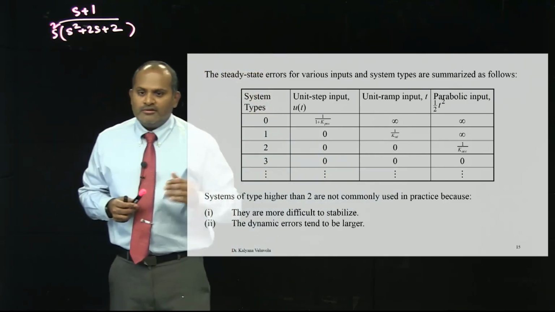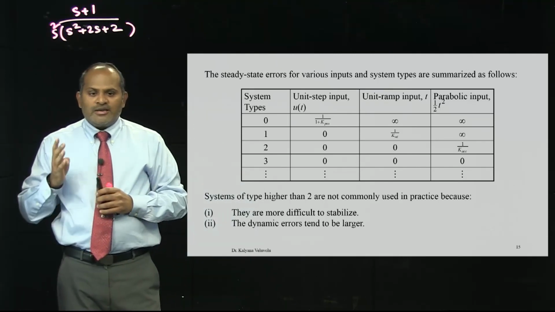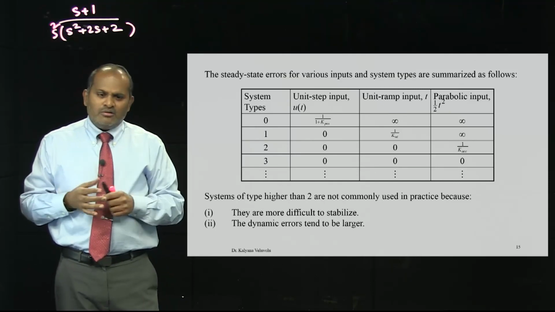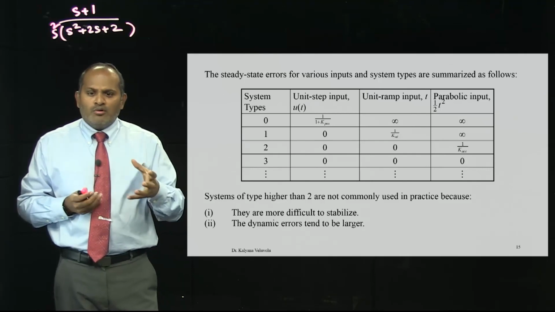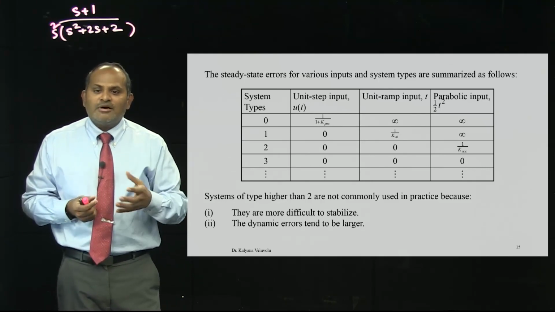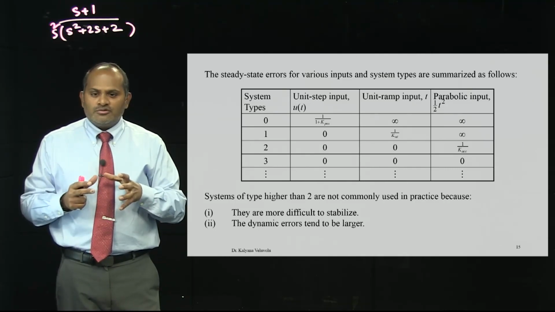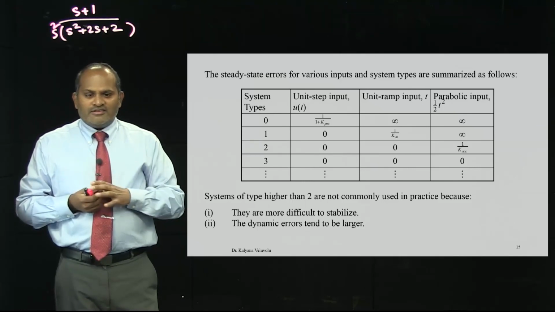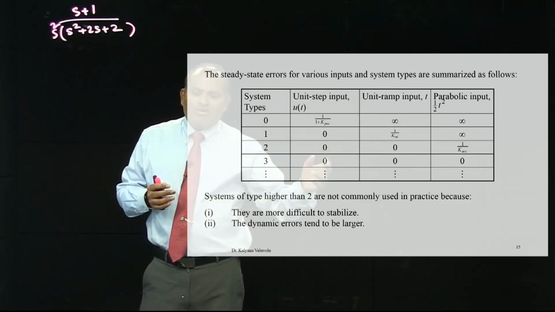An important point: we mostly use only type 0, 1 and 2, and the most common are 1 and 2. We do not really like going for type 3. Adding more poles at the origin may make the system unstable, so it is not good to have more poles at the origin. In most analysis we limit the system type to 2.